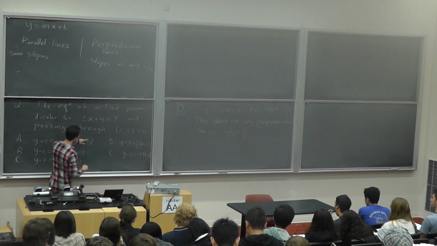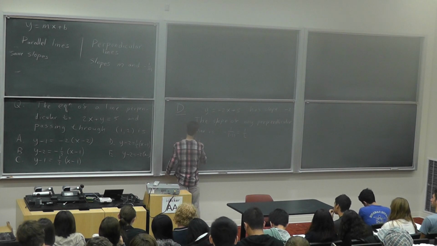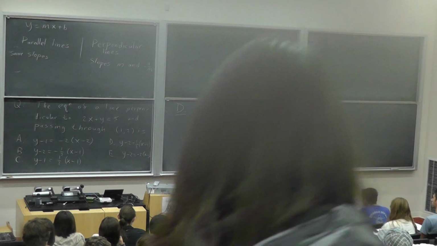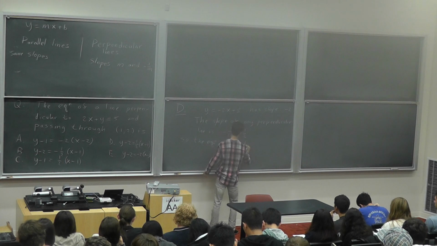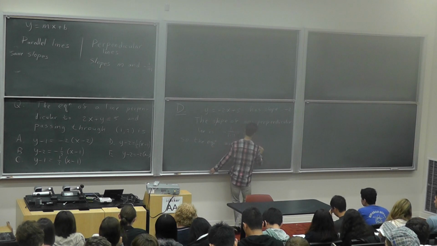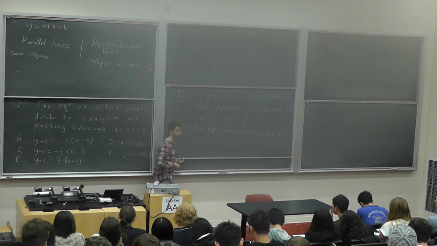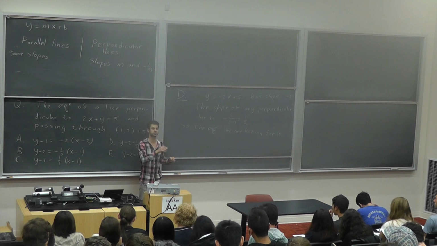And finally, it passes through this point, 1, 2. So the equation we are looking for is, now we recall how to write an equation of the line that passes through the point and has a given slope.